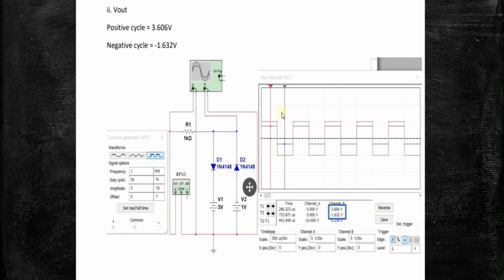We can get the output by using these two cursors. The first cursor, the red one, is placed at the positive cycle and the value is 3.606. The second cursor is for the negative cycle and the value is negative 1.632.